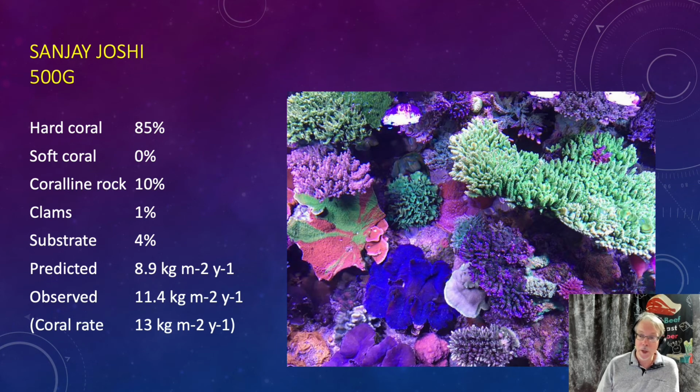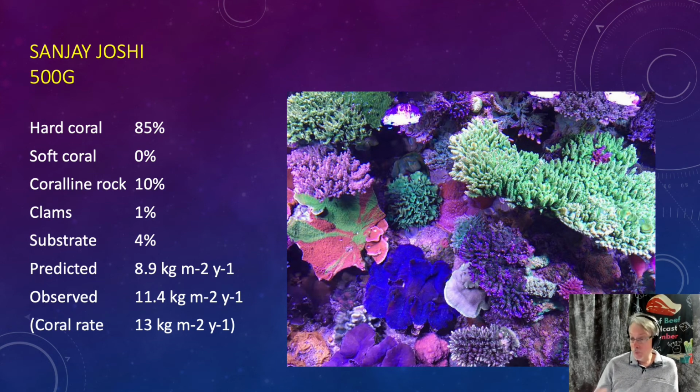This is some data from Sanjay. 85% hard coral as you look down on the tank from the top, about 10% coralline algae, insignificant amounts of clams and rocks. So the predicted calcification rate for this system was about 9 calcification units, and Sanjay observed about 11 calcification units.